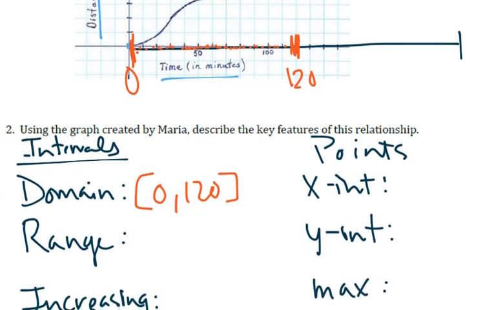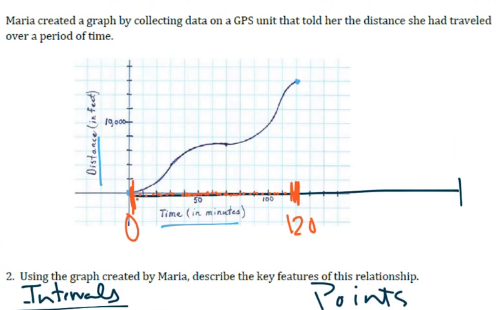Okay. Now the range is simply the same idea, but on the y-axis. So if I'm climbing up on the y-axis here, I start down here, climbing up, where can I reach out and touch my graph?